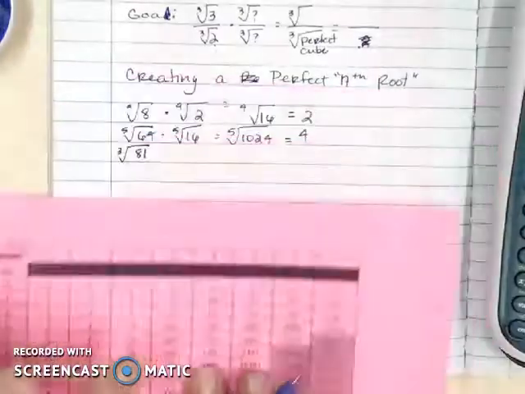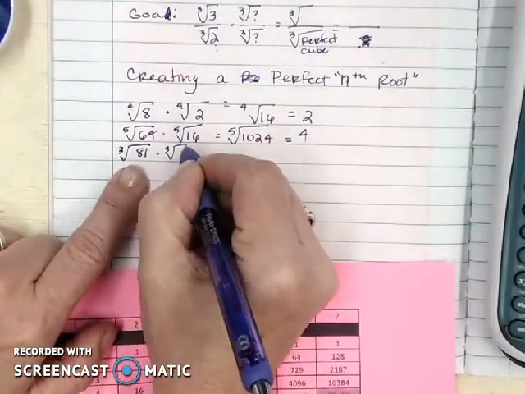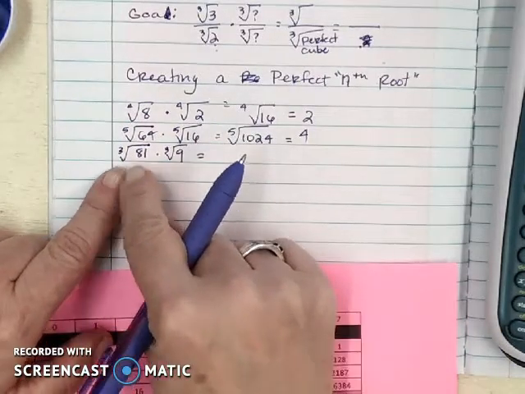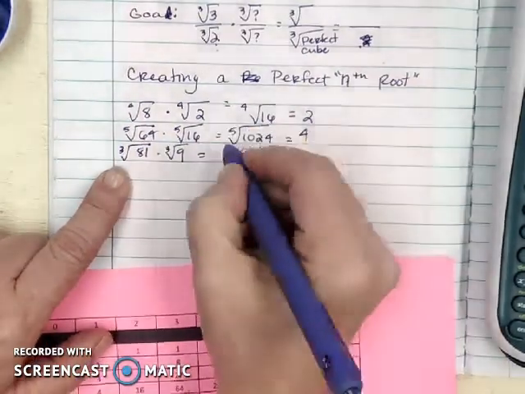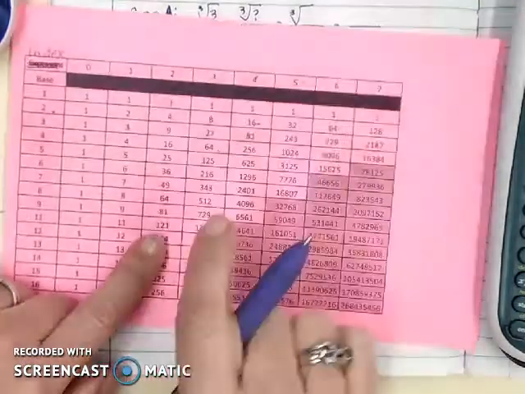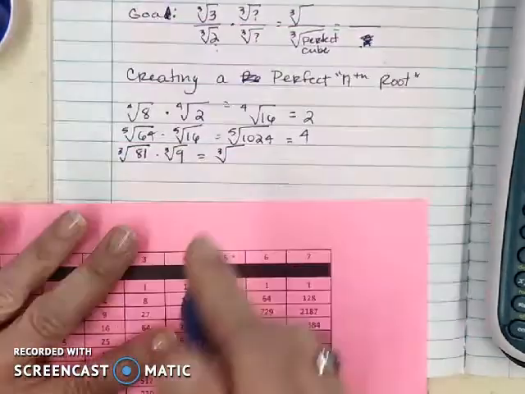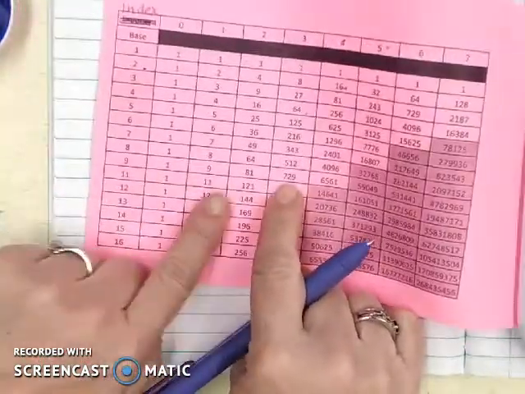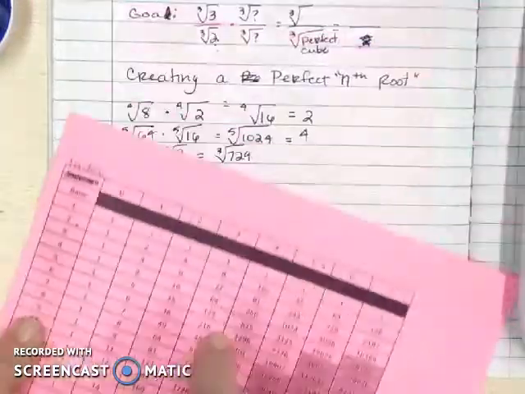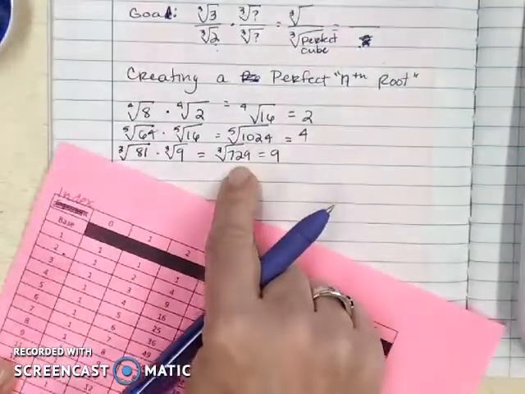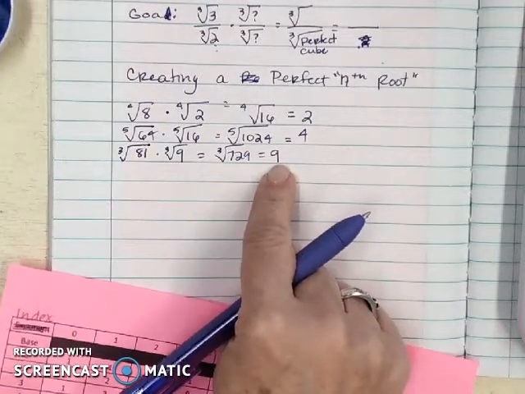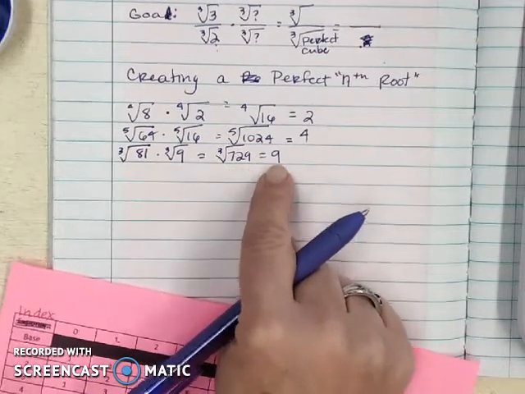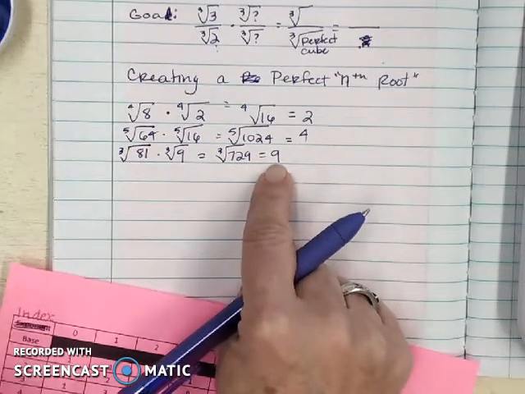So I'm going to multiply this by the cube root of 9. When I multiply by the cube root of 9, I get the cube root of 729. And the cube root of 729 is 9. So I've simplified that radical into a whole number. I've manipulated that into this so I can get this. Let's do a couple more.